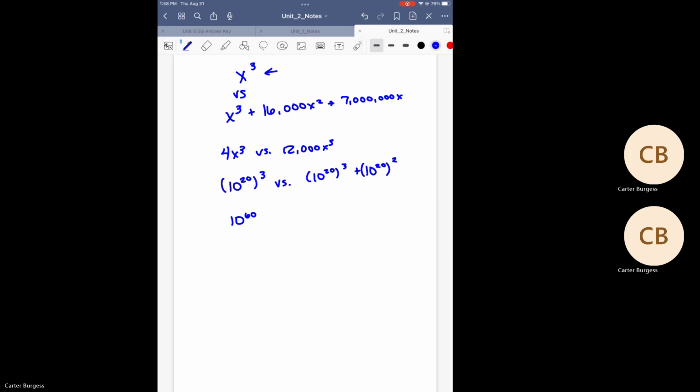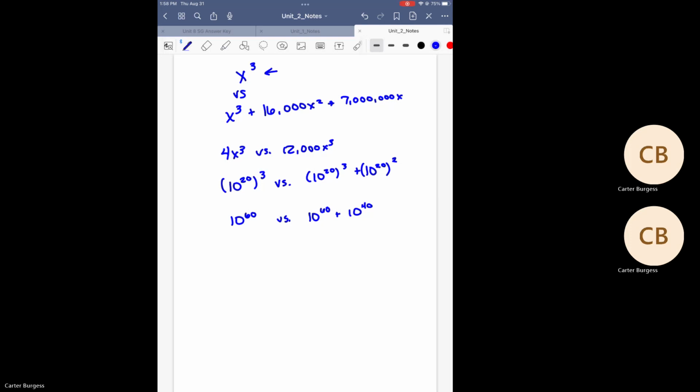I think when you talk about like the number of atoms in the solar system or something like that, you're starting to get towards numbers that are this large. So incomprehensibly large is the number that we are looking at right now. And we are comparing it to a number that's itself plus another number that is incomprehensibly large. This is 10 to the power of 40.